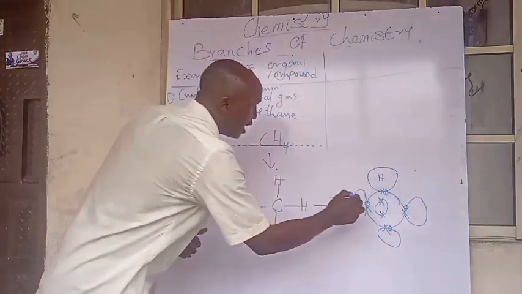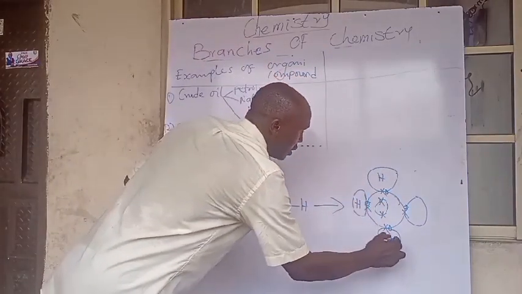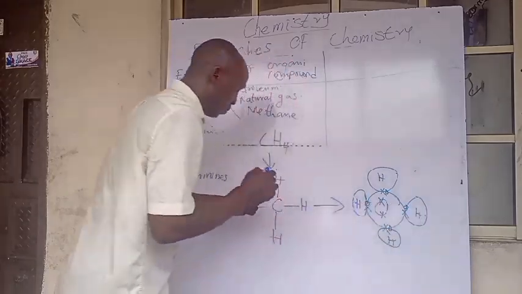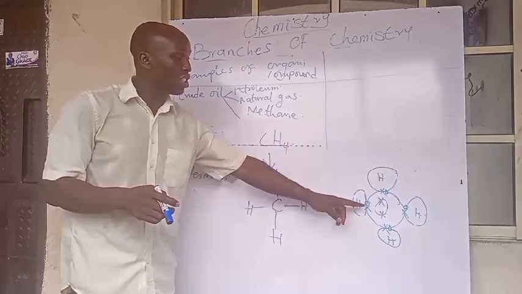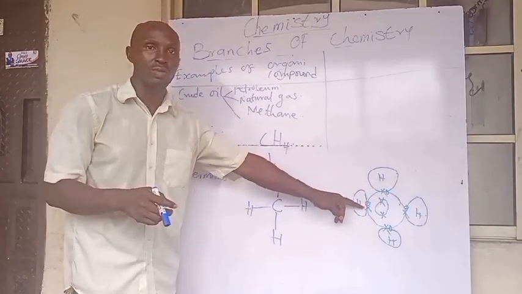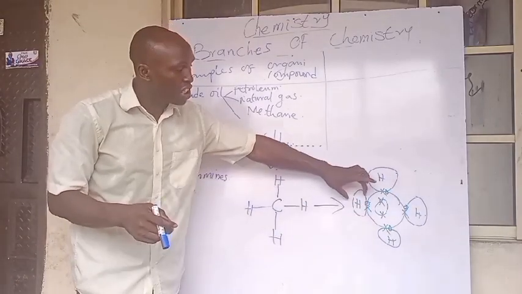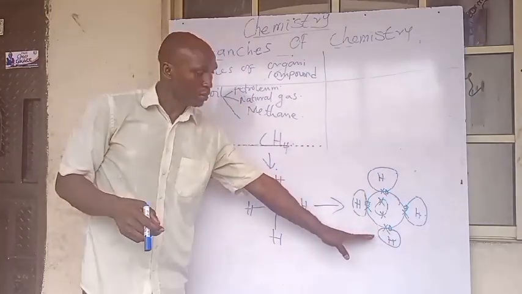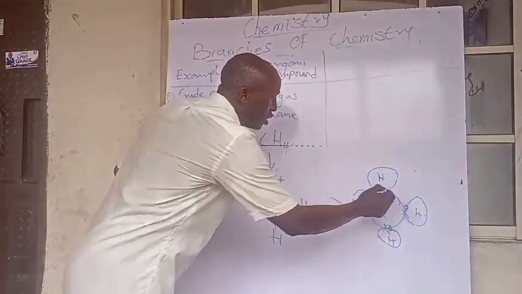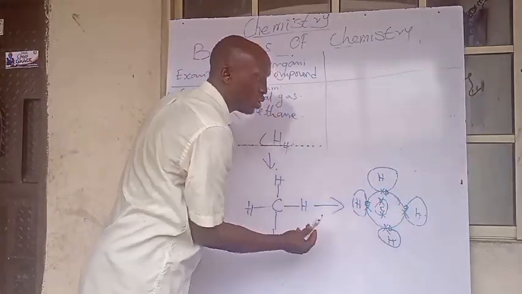You can see clearly here that there's no transfer of electrons, rather there is a sharing of electrons, where each atom of hydrogen is complete, and the outermost shell of carbon is also complete.